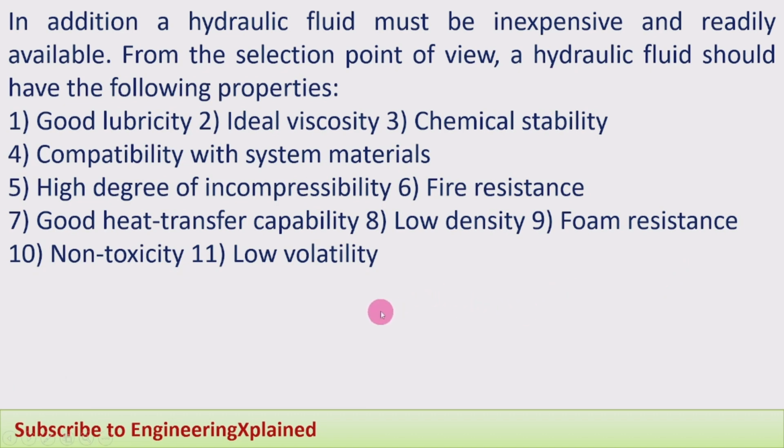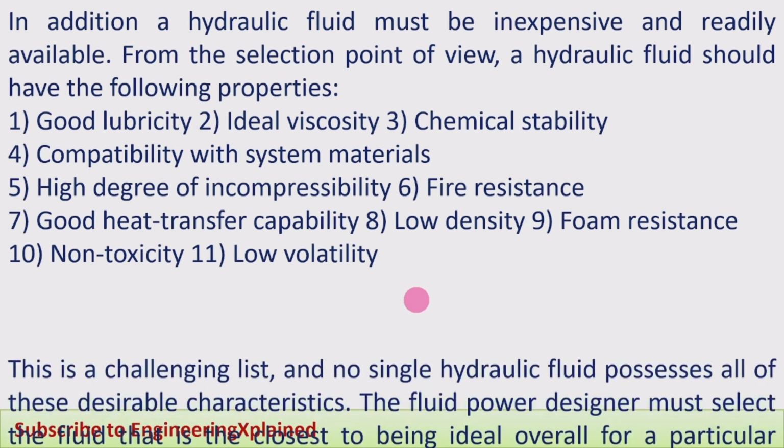Non-toxicity: it should not be poisonous. Low volatility: it should not be volatile at operating temperatures. These are the different properties that should be fulfilled by a hydraulic fluid for it to be selected.